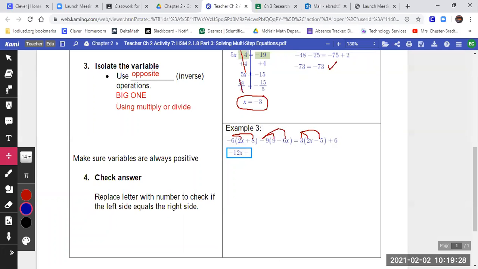I have a -6 times a +8, so I know my answer is negative. 6 times 8 is what? 48. And then I have a -9 times a +9, so I'm negative. 9 times 9. What do we get?